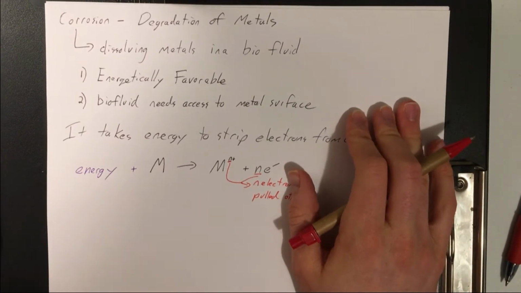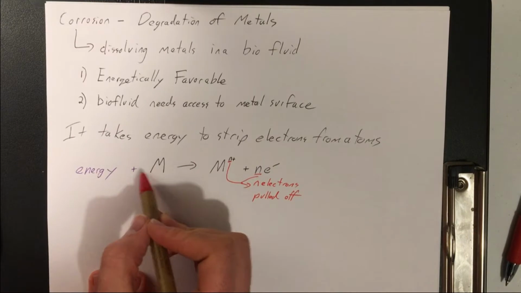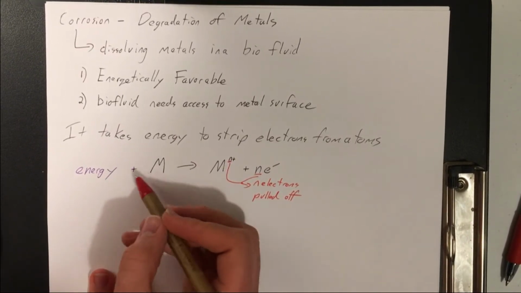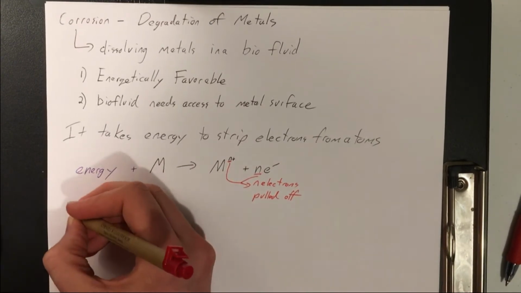So if we think back to high school chemistry, we might say, oh, we've dealt with energetics and reactions before, and a lot of times we take the energy and put it on the right-hand side of the equation.